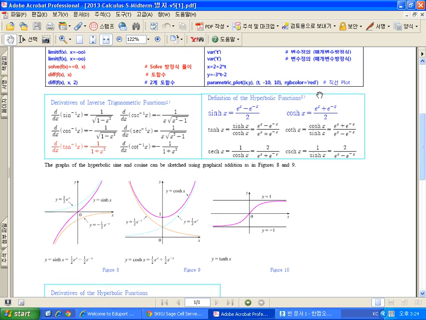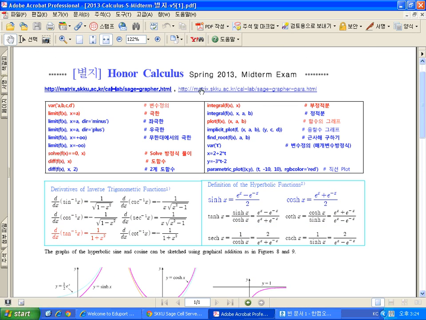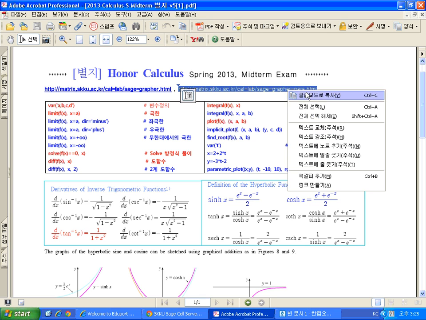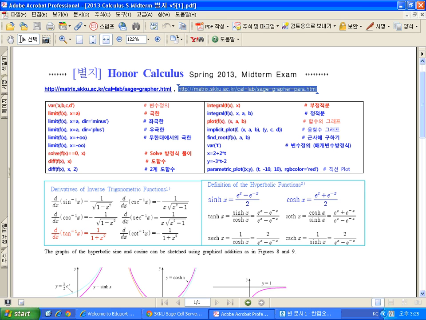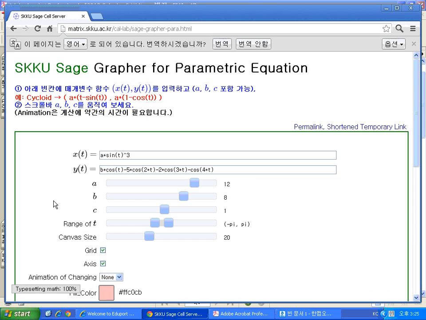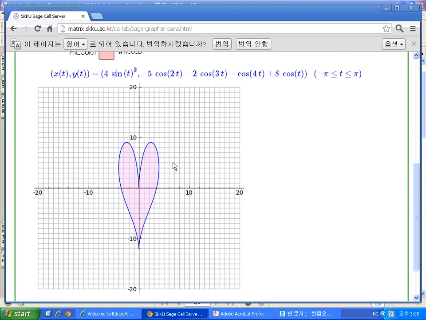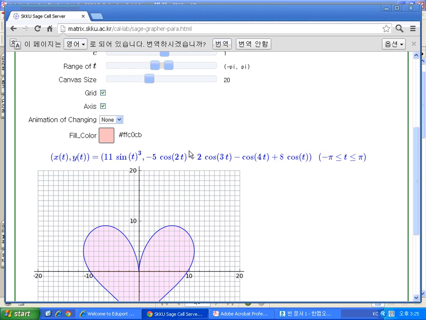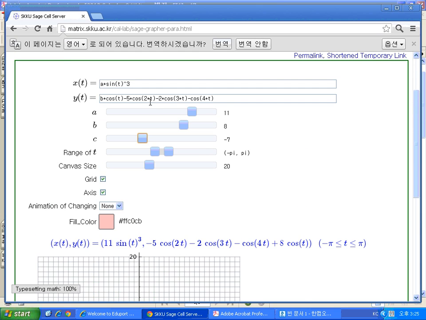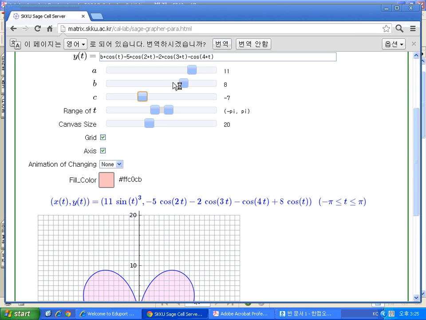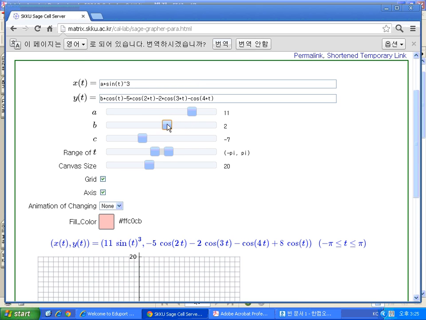Okay, and also this parametric plot. Actually, I made several of those. Copy it on the SAGE cell here. Then this is a parametric plot. You can see how this heart changes as the parameters a, b, c are changed.